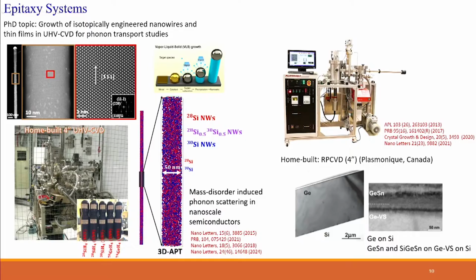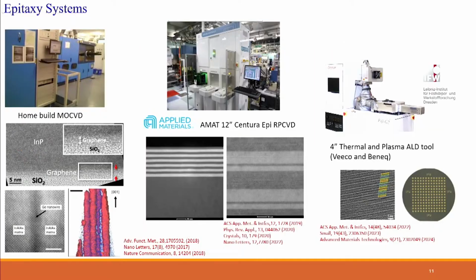We also started building a small 4-inch CVD reactor. It was supplied by Plasmonic Canada. We were growing germanium on silicon, germanium tin. This again led to a nice bunch of publications. I worked on home-built MOCVDs, growing arsenides and phosphides. Not much, but the experience is there, and this too led to some nice publications.